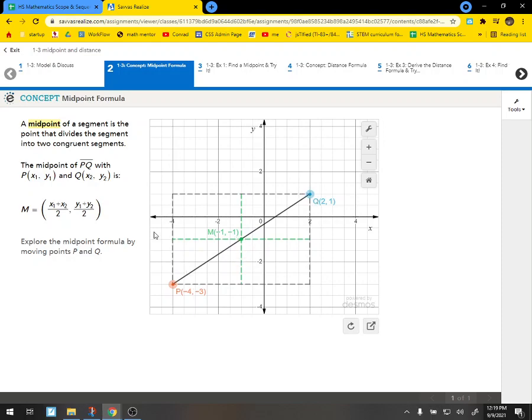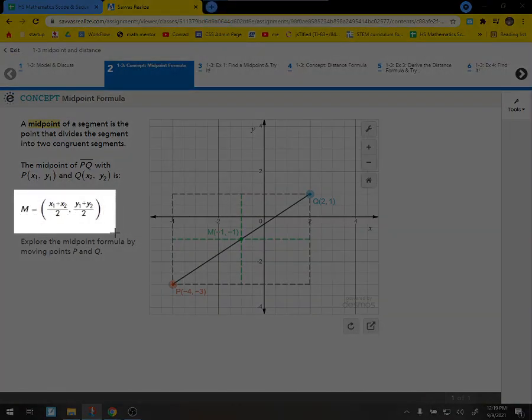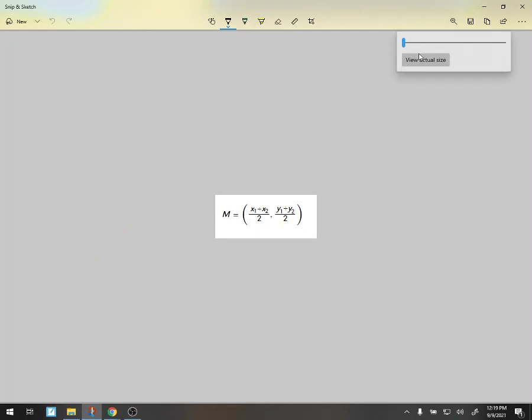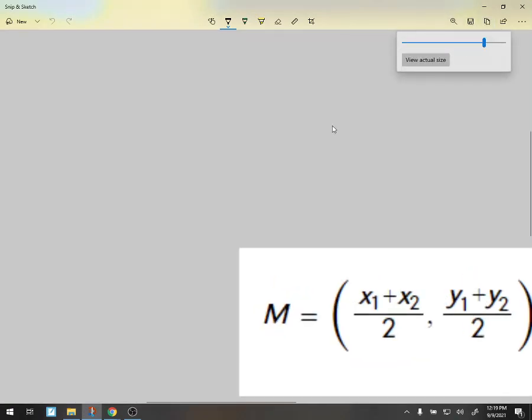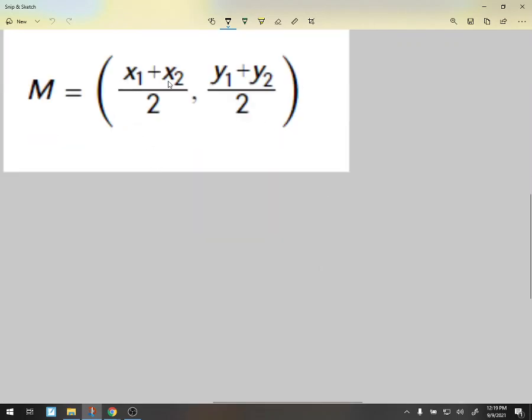So midpoint of PQ, this formula looks wild, but it's really, really simple. The reason I say that is the formula literally means take the average of the x's and take the average of the y's. And the math word sometimes that you'll see for average is mean. So take the mean of the x's, take the mean of the y's.